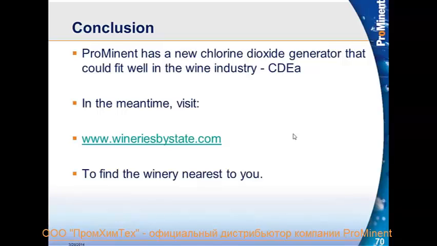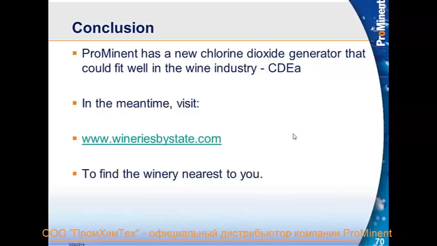Having a request for liquid 55 gallon, and I am confused. I thought this was a gas which needed to be mixed. I don't know what a liquid 55 gallon means. I mean, you can buy, as I mentioned, the stabilized chlorine dioxide, but basically what you're getting is a sodium chloride solution.